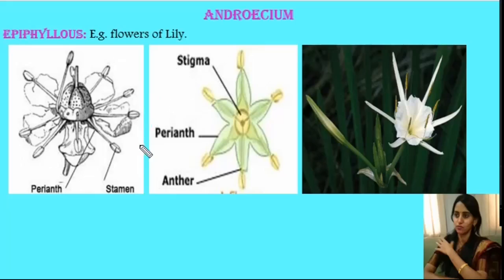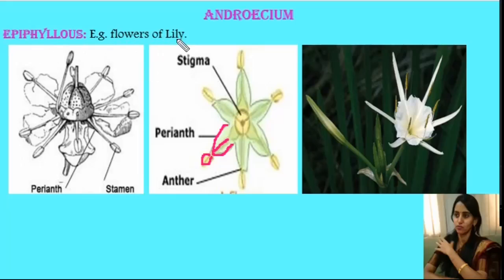Here we cannot differentiate the calyx and corolla. That is, perianth is present here, and here the stamens are attached to tepals. This is a tepal here. To this tepal the stamens are attached. Every tepal is attached with stamens. Such a condition is known as epiphyllous.